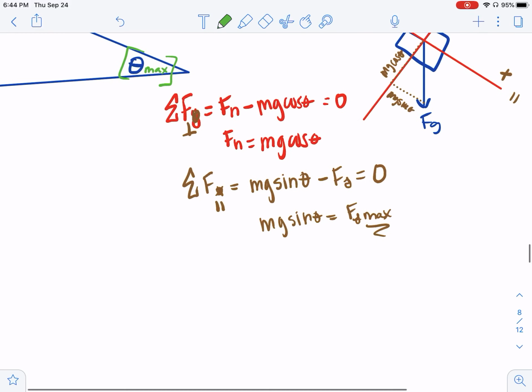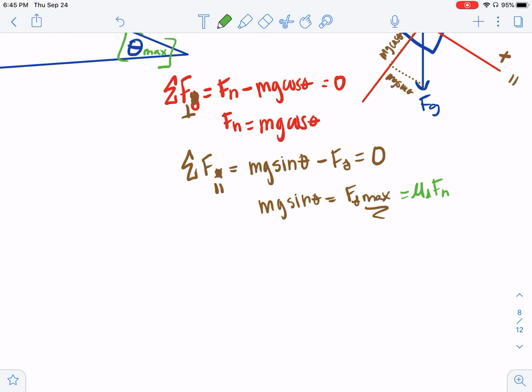Because we're dealing with the force of static max, we know that we calculate that as mu s force normal. So we can say that mu s force normal is equal to mg sine theta. Up here, we know that Fn is mg cosine theta.